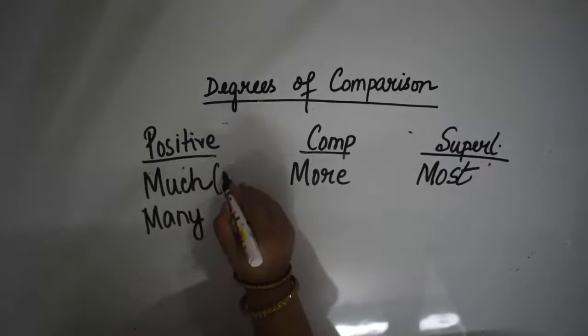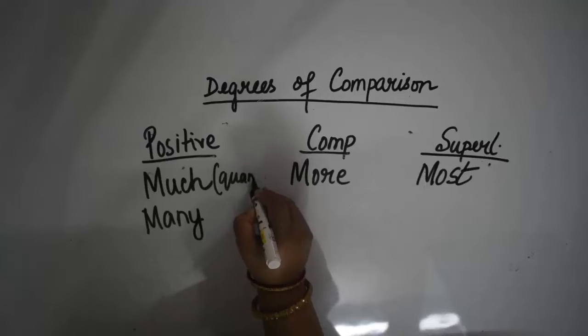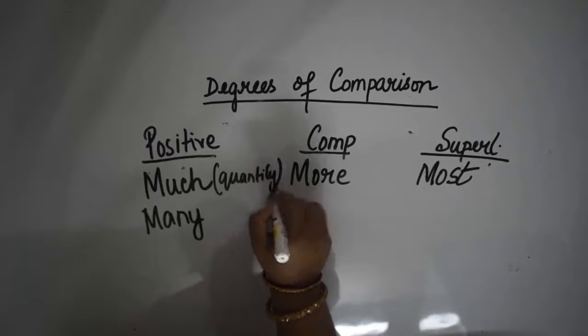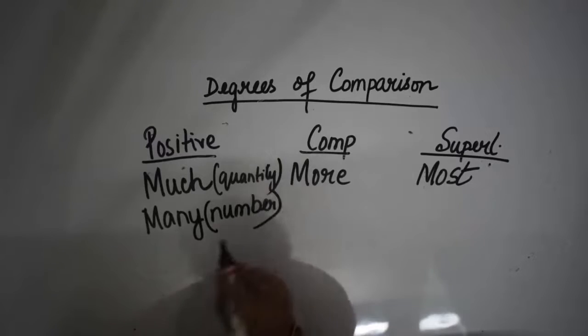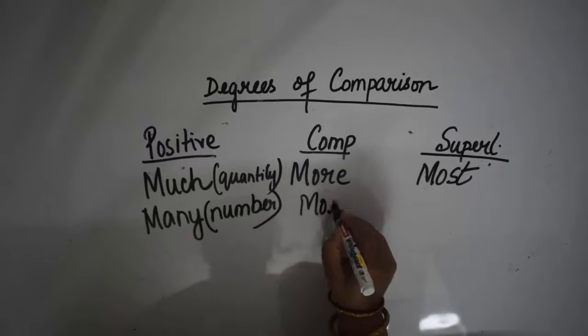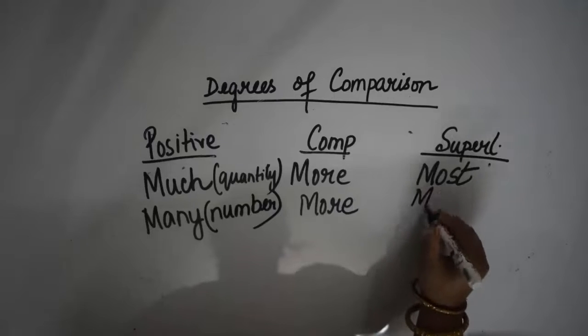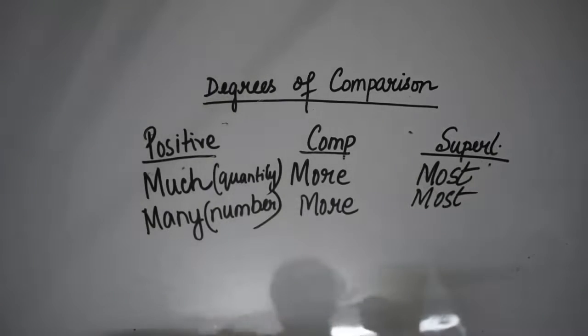This is quantity and this is number. Many. It's also more, most. Clear?